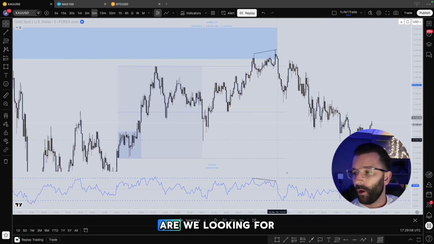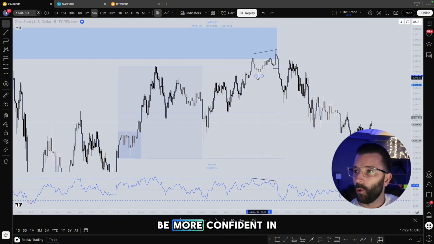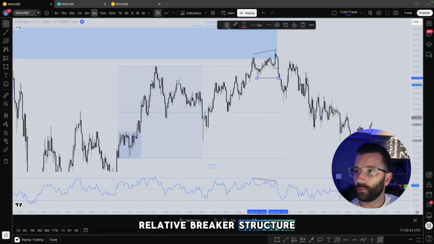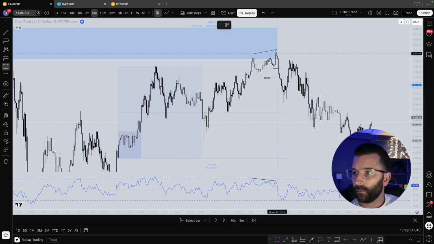So not only are we looking for a little break of structure, maybe if you want to be more confident in your trade, you might want a bigger break of structure, relative break of structure we'll call that one, because it's stronger. But because of this, let's get that there. That would be your entry there.